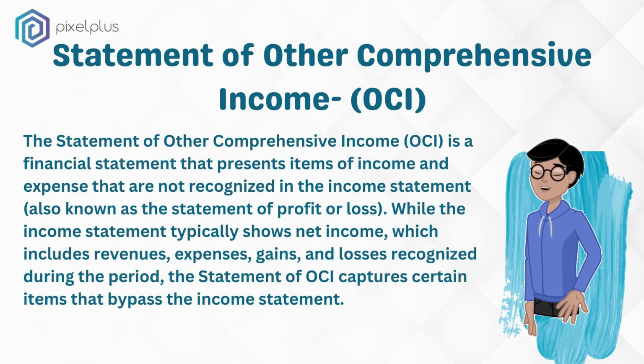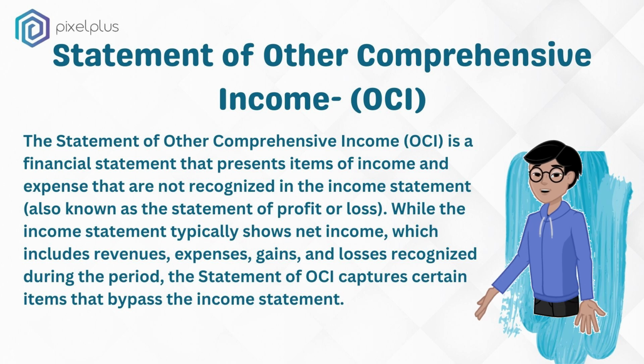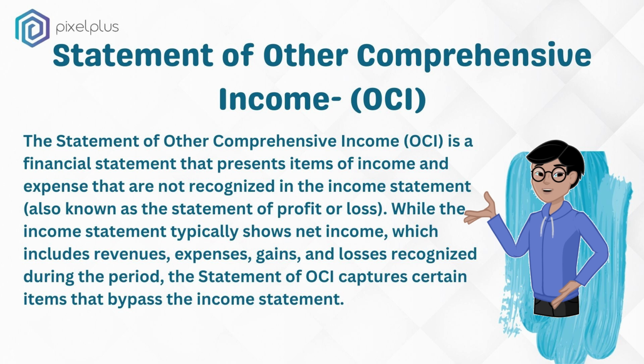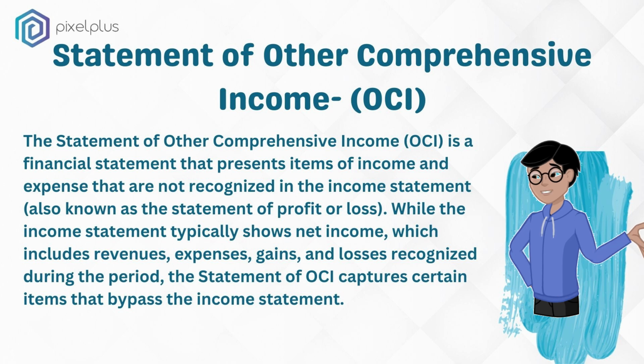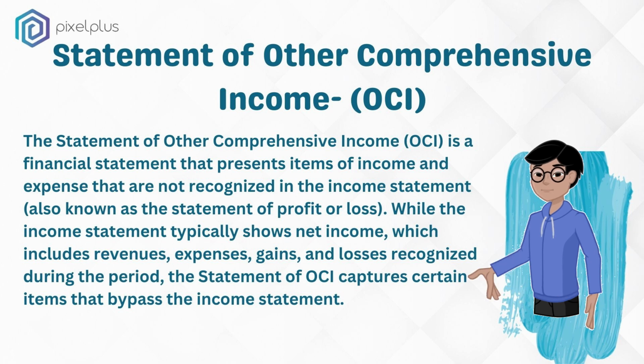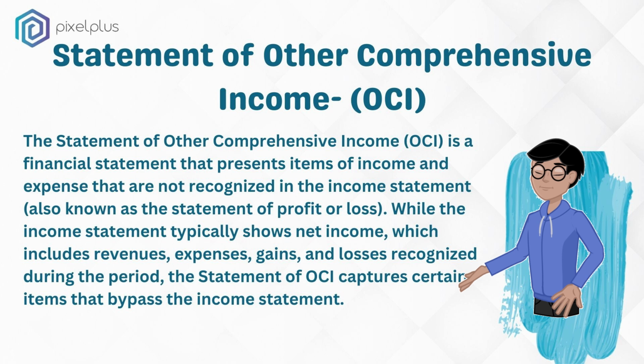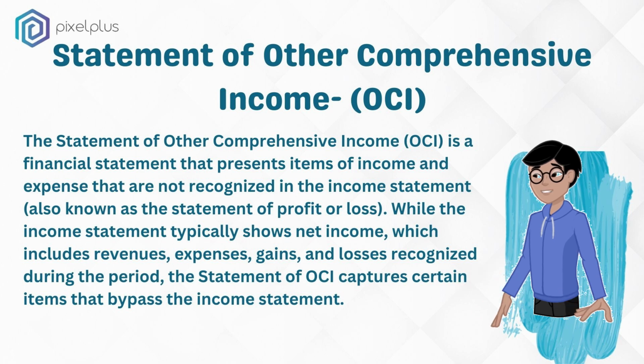These can result from differences between the actual and the expected returns on the plan assets, changes in actuarial assumptions such as discount rate or life expectancy, and experience adjustments. These gains or losses are recorded in the OCI to smooth out the effects of short-term volatility in the pension plans and to provide a clearer view of the long-term impact on a company's financial health. This treatment helps maintain stable income figures while reflecting the true economic cost of providing pension benefits.